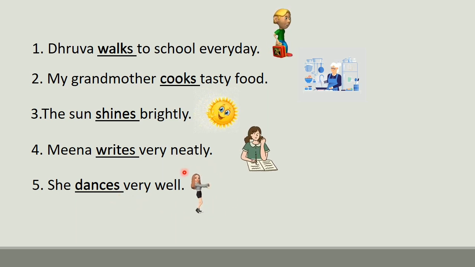And there you can see this girl dancing. So dances becomes the action word or the verb. Now children, in all these sentences, all these words that are underlined show that they are doing some action, and that is what is called an action word or a verb.